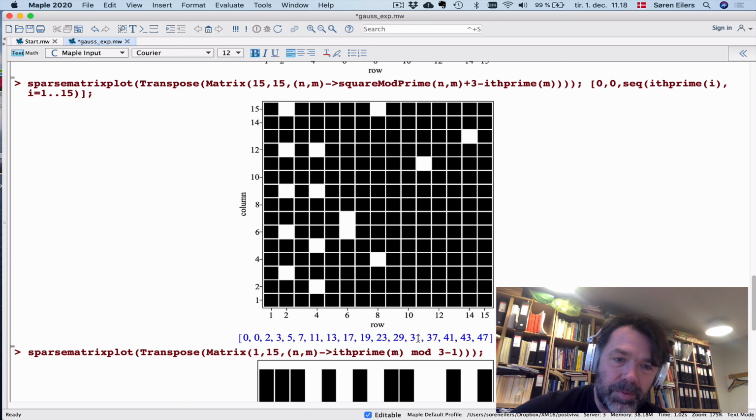So of course, except for 3, the numbers are not going to be divisible by 3. So the choices you have are 1 and 2. And it turns out that these are the ones that are useful here.